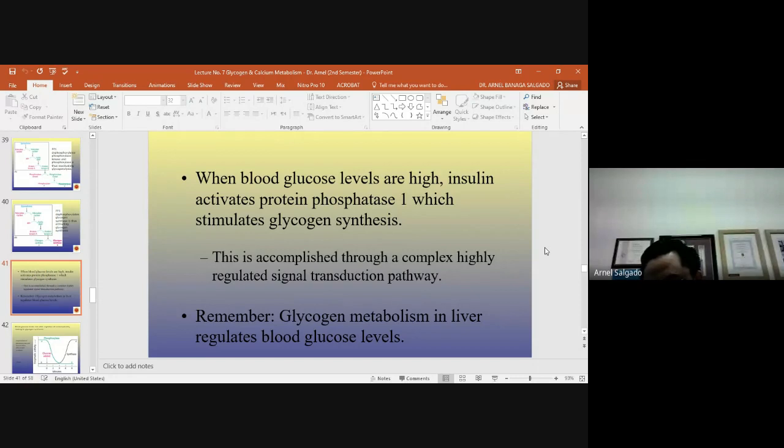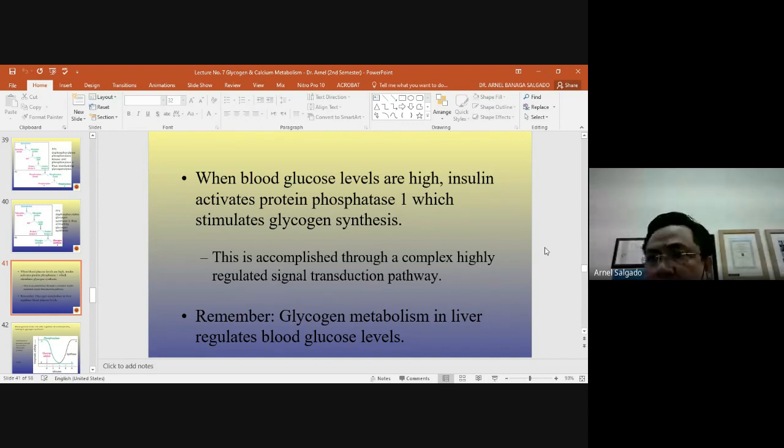When the cell detects that there is too much sugar in the bloodstream, protein phosphatase 1 will be activated so that it will activate glycogen synthesis.